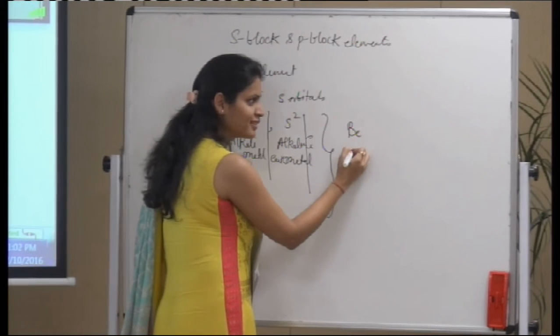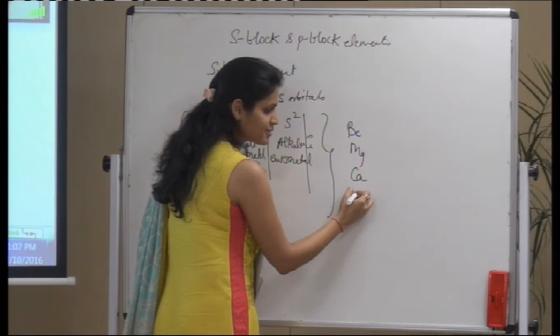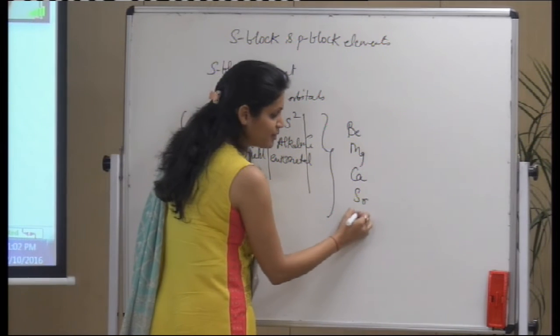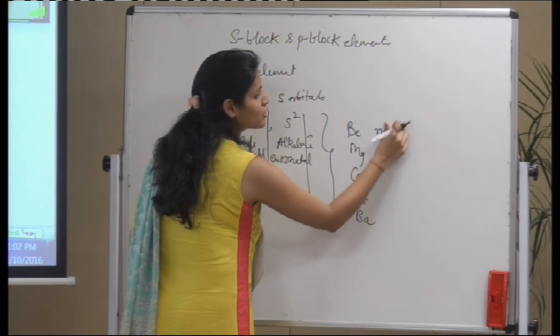Beryllium, then magnesium, calcium, strontium and barium, right? These have the outermost electron configuration of ns2.